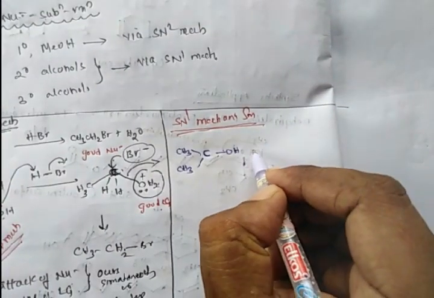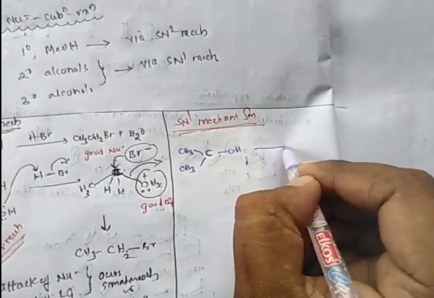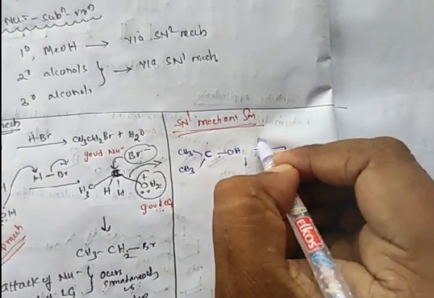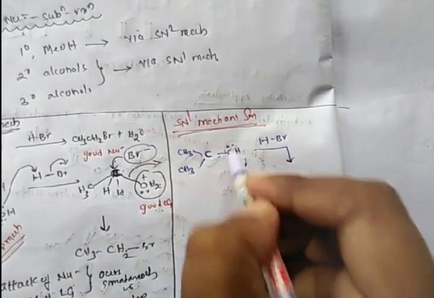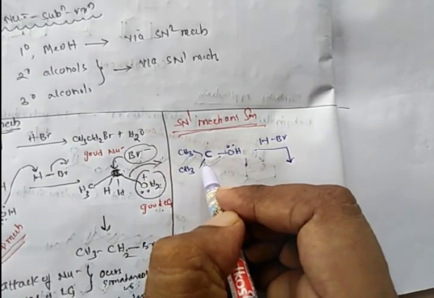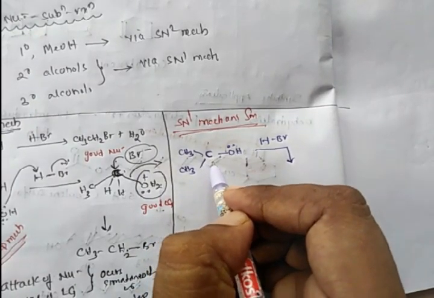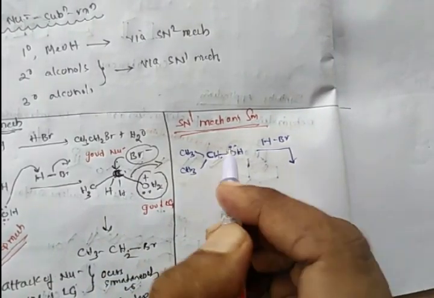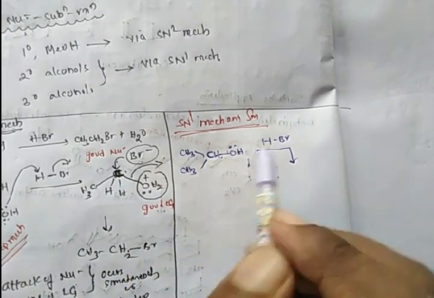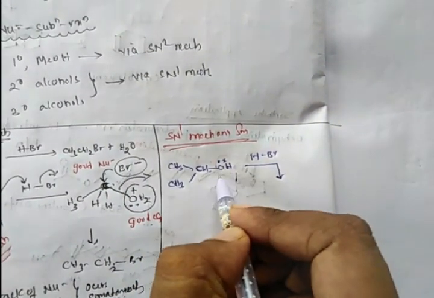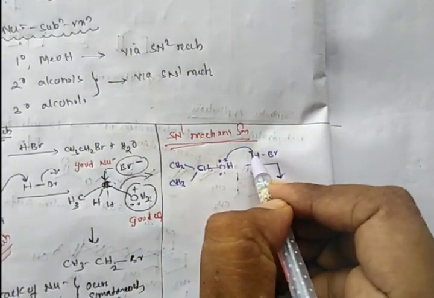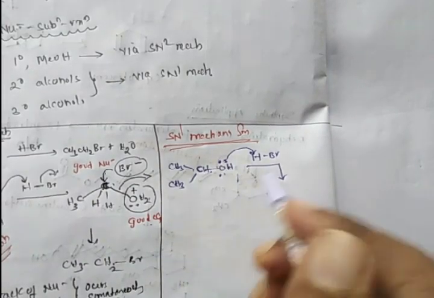So in the presence of HBr, this oxygen, it is a secondary alcohol. There is a hydrogen here, okay. Whenever a secondary alcohol is treated with HBr, a strong acid, this oxygen atom attacks the proton and undergoes protonation.